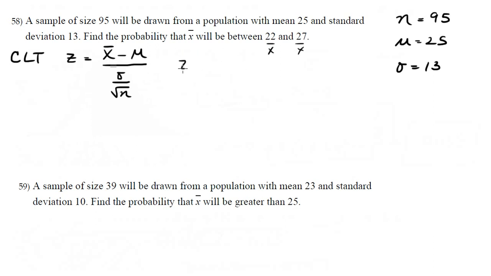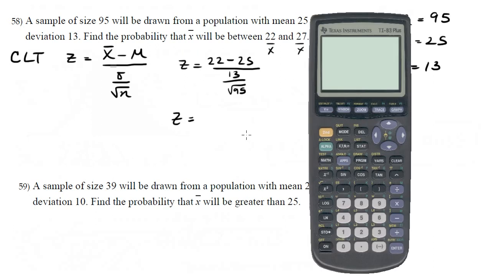Right, so let's start with 22. So 22 minus the mean over 13 divided by the square root of 95. I'm just going to put that into the calculator for the ease of it all. Let's put the numerator in parentheses.